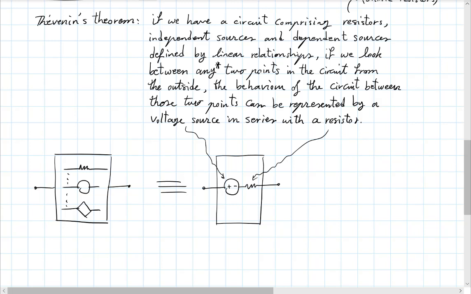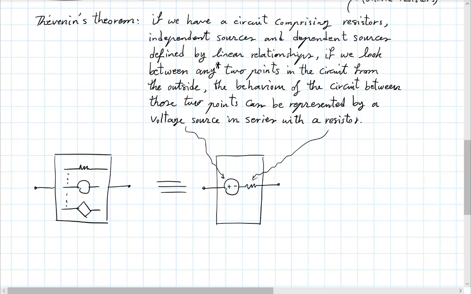Now let's see if we can feel that. You can prove this, but let's see if we can feel what's happening here. So when I say the behavior of the circuit from the outside world, it means I'm doing something here, right? So I'm connecting this to something else. Let's say I'm connecting it to another resistor, another circuit, a voltage source, maybe applying a voltage, measuring a current, all sorts of experiments.